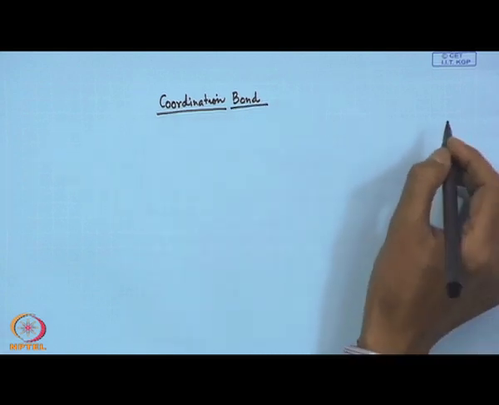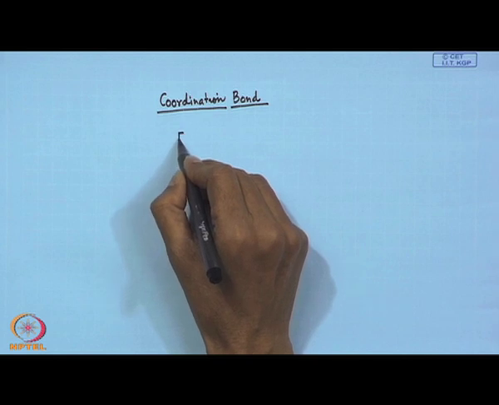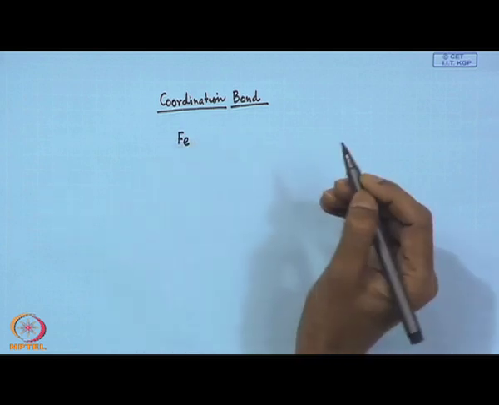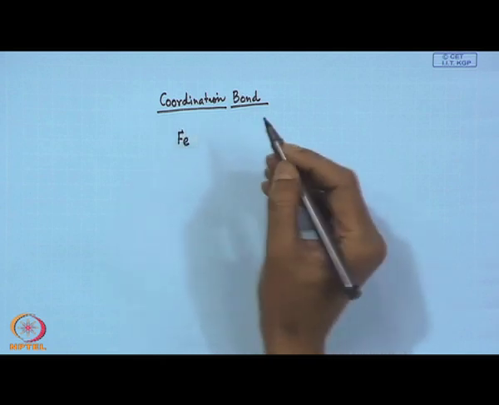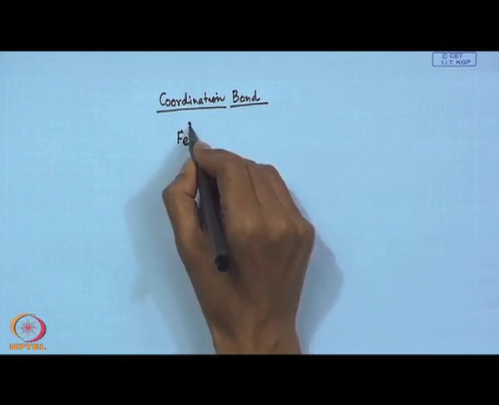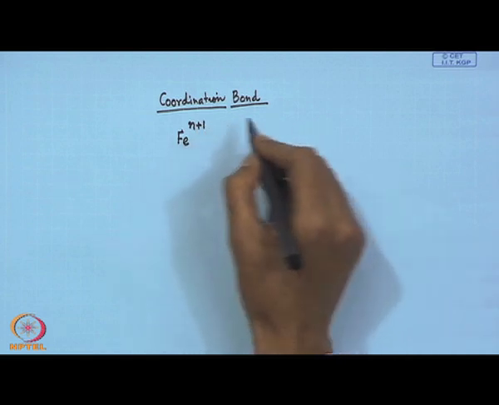particularly when we see that a particular metal center, say if iron is there, and it is not the metallic iron, but it is iron in some oxidation state n or n plus 1.